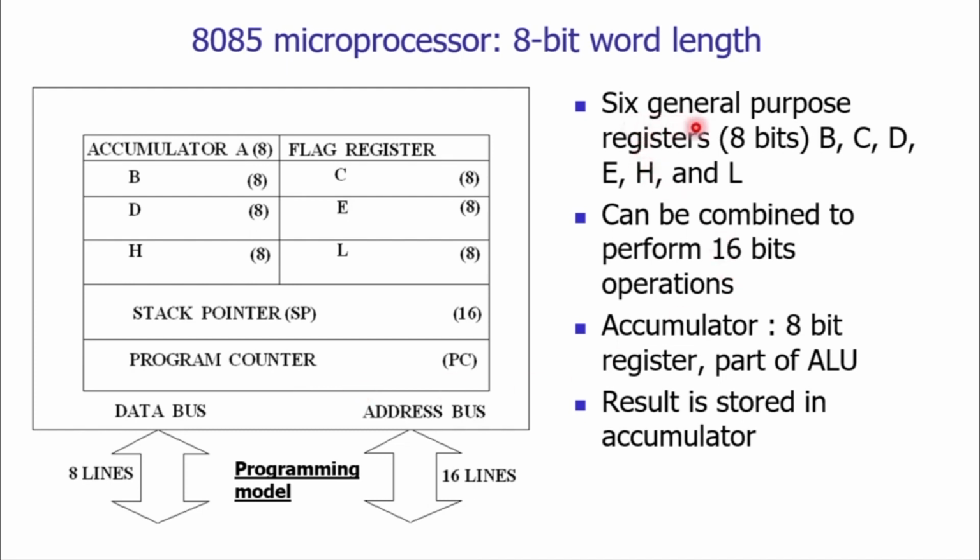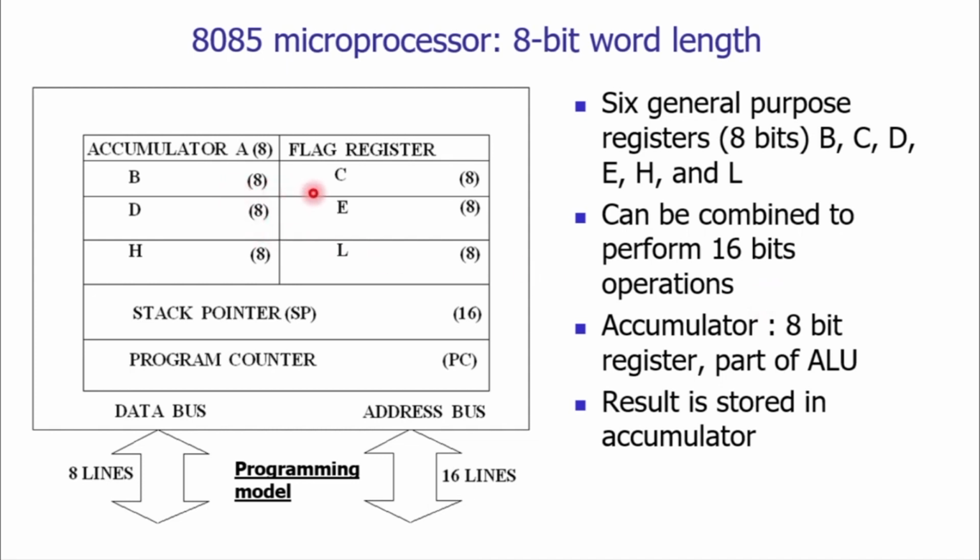It has 6 general purpose registers: B, C, D, E, H, L. These are general purpose memory elements. These can be combined to perform 16-bit operations. As I mentioned, in BCD we require more bits to be processed.